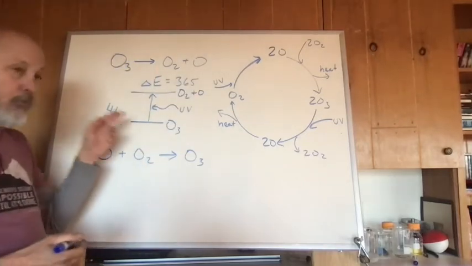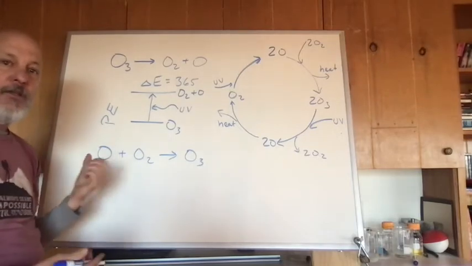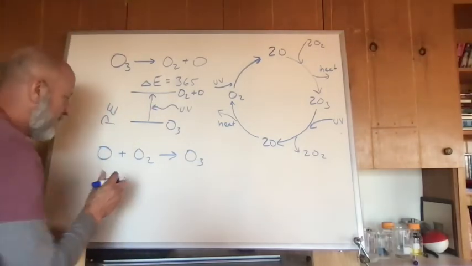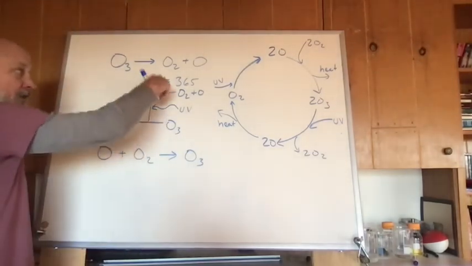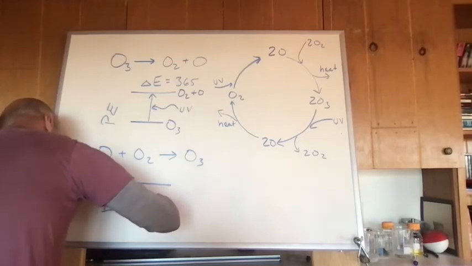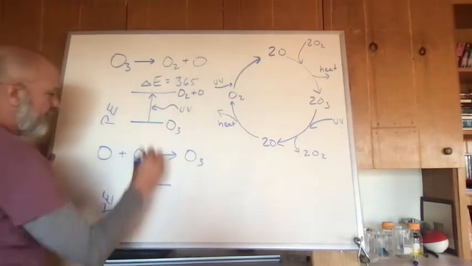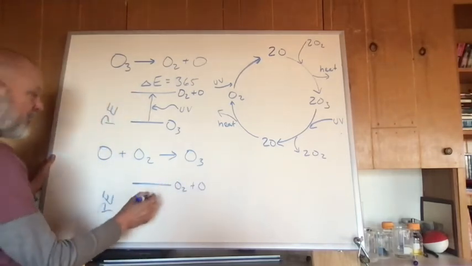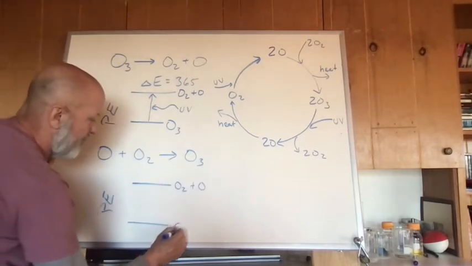So instead of breaking a bond and energy coming in, when I make bonds, that is exothermic, because look at my potential energy. I still have O2 and O with a higher potential energy, and O3 is here, right?